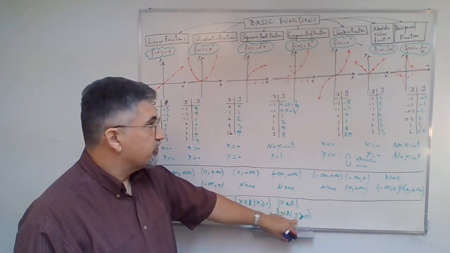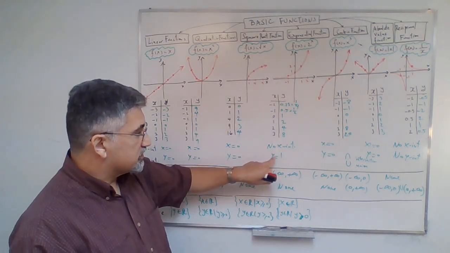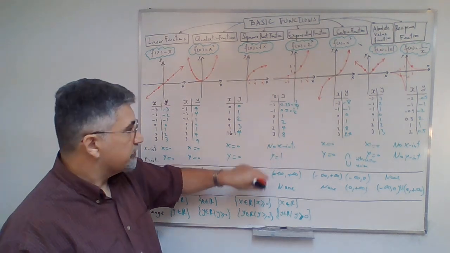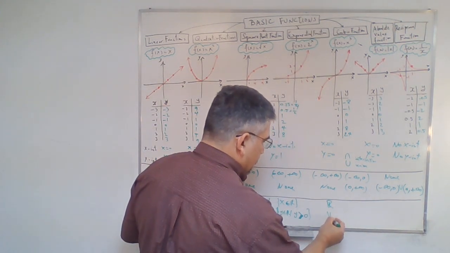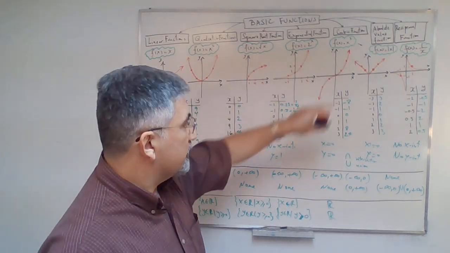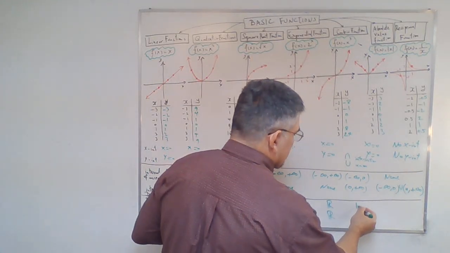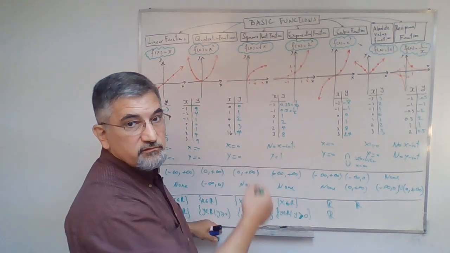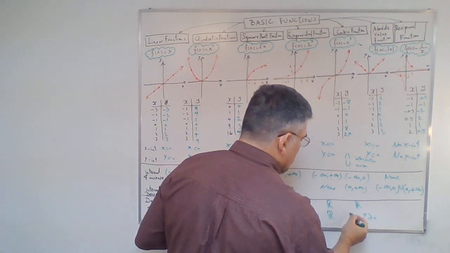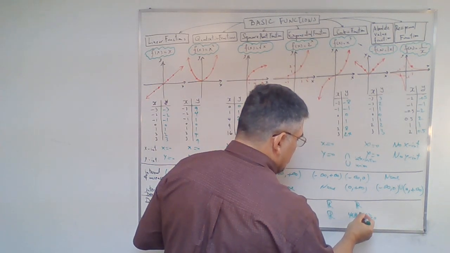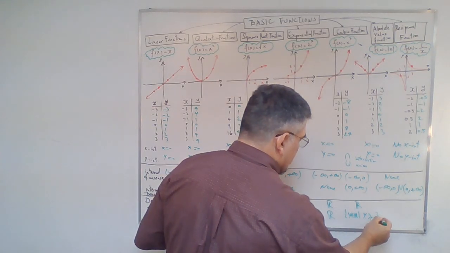I'm not saying greater than or equal to 0 because we just said that there is no x-intercept, right? This one, it's going to be a set of real numbers for both of them. The other one, x belongs to a set of real numbers for the domain, but the range is going to be greater than or equal to 0. Any real number such that y is greater than or equal to 0.